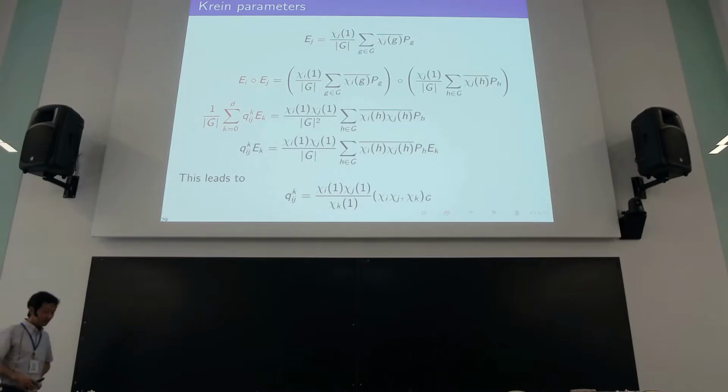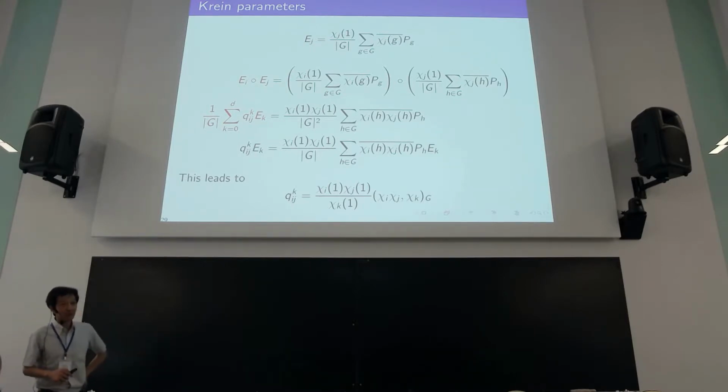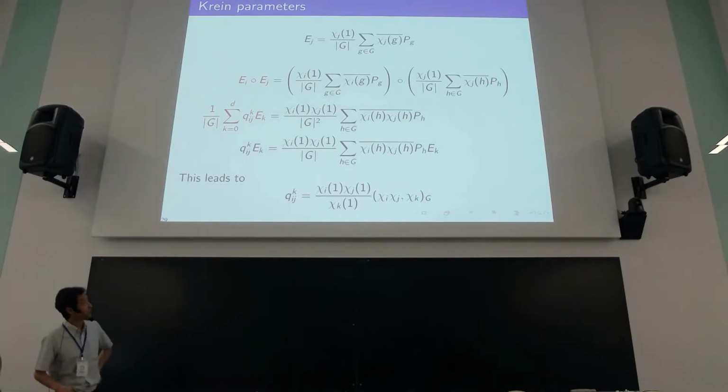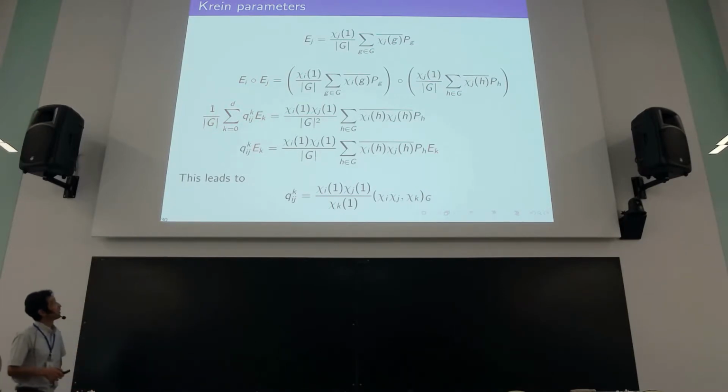Well, to get a single prime parameter, or single summand on the left-hand side, I just have to kill all but one EK, but that is quite easy because the idempotents are pairwise orthogonal. I can just multiply a single EK on both sides to kill all the summands except one. So I get this formula.